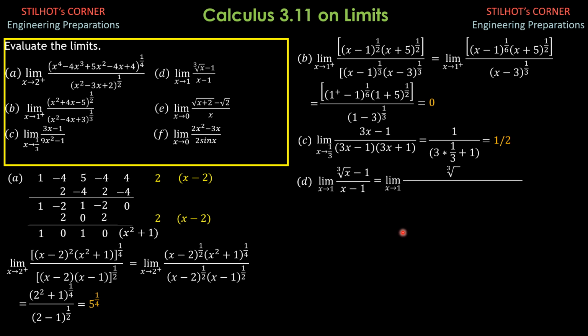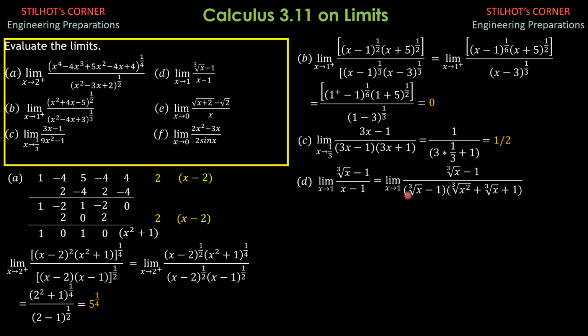So we have limit as x approaches 1 of cube root of x minus 1 over quantity cube root of x minus 1 times cube root of x squared plus cube root of x, then plus 1. So that's the factor. So you review if you forget about factoring difference of two cubes. So we can cancel cube root of x minus 1.